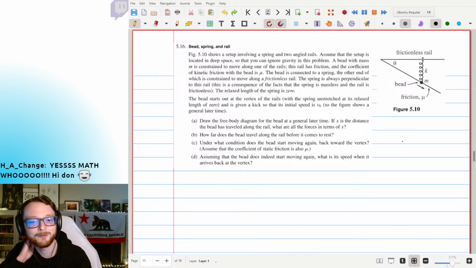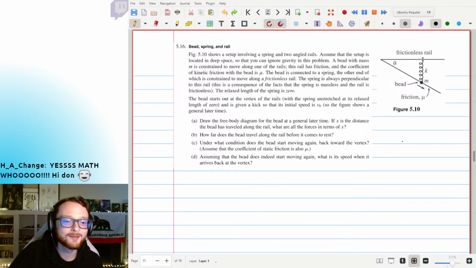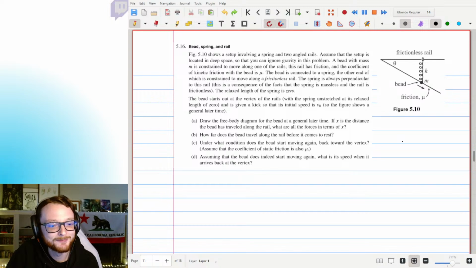Free body diagram for the bead. This is weird.